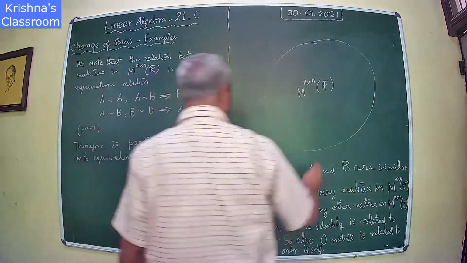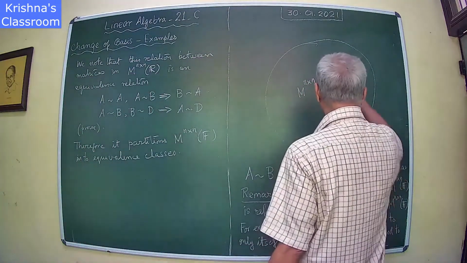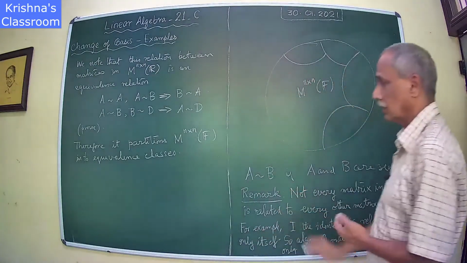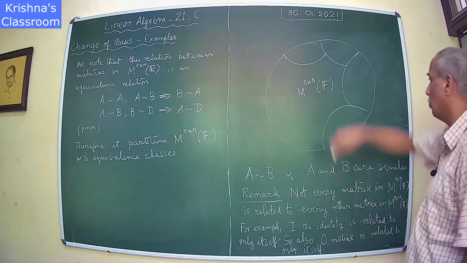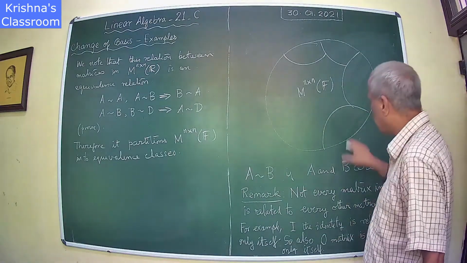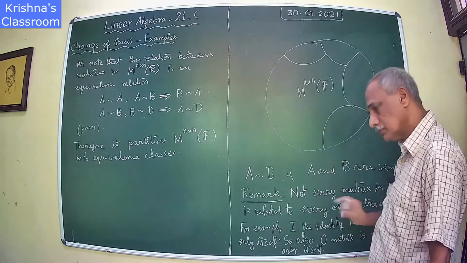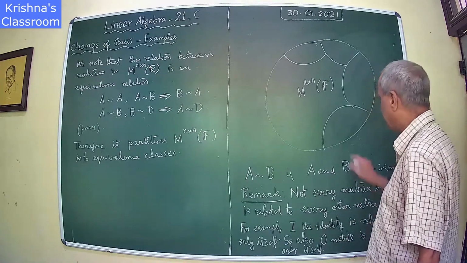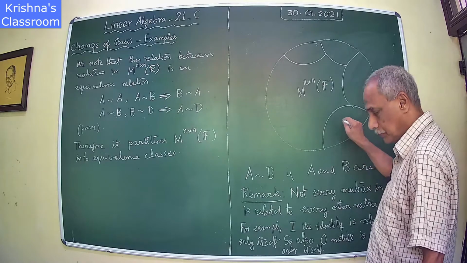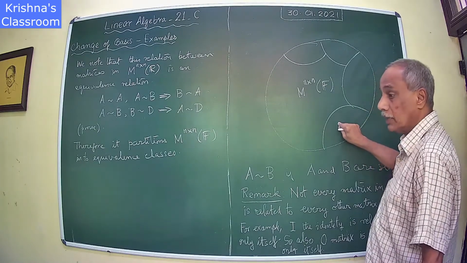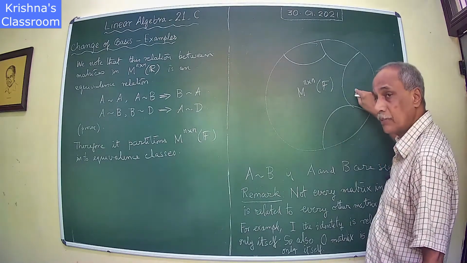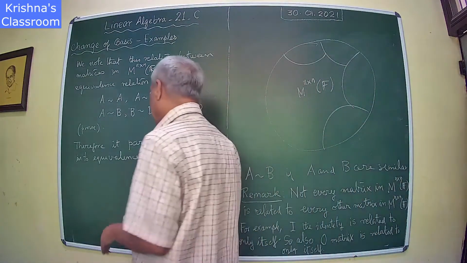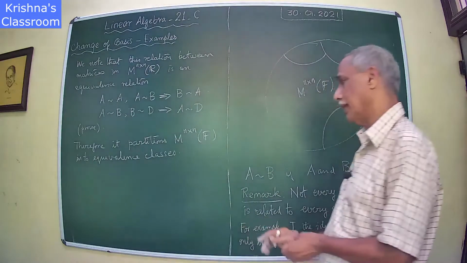What do you mean by that? This is broken up into disjoint classes of sets whose union is the whole of this, such that in every block the matrices are mutually related. If you pick a matrix from one block and another one from another block, they are never related. So this is the situation that you have.